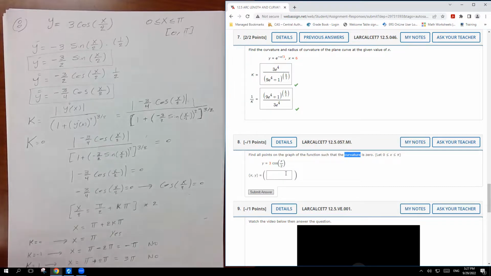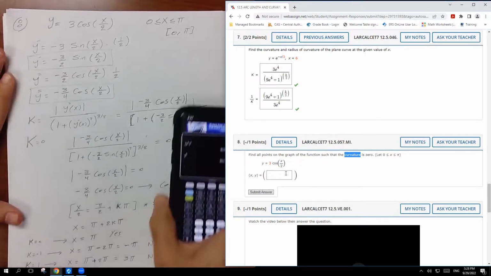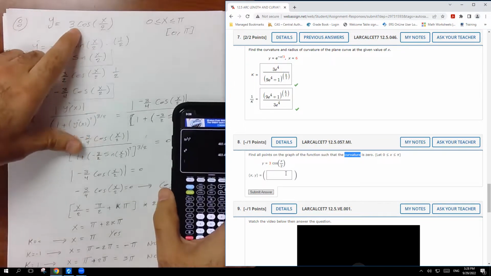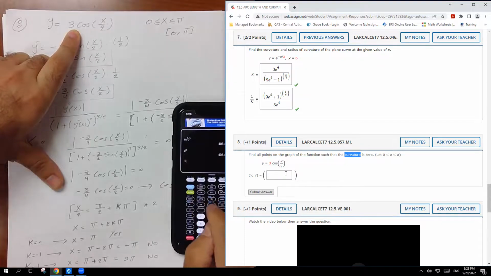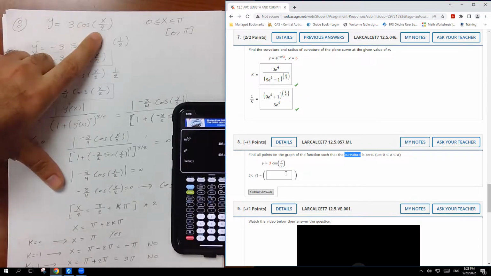So when x is pi, y is going to be 3 cosine pi over 2.